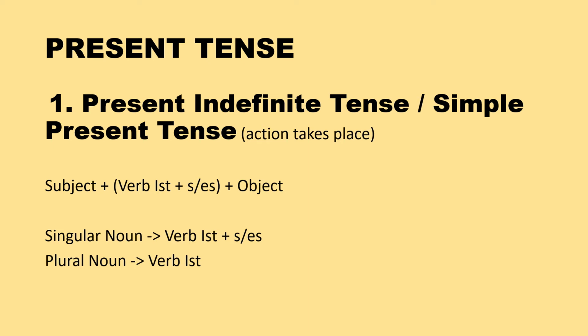If I say boy, and in the bracket play, whether I have to use s or es depends on the subject. The boy in the sentence is singular, so with the verb we put s. So with play we put s, so it will be boy plays.